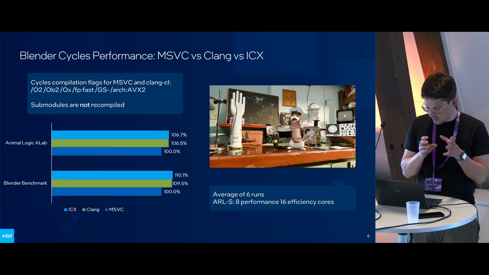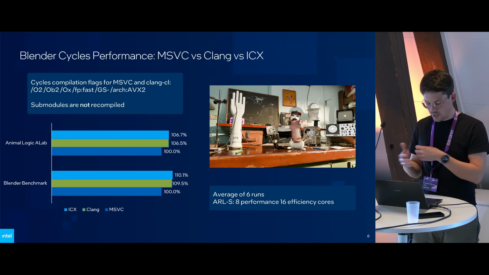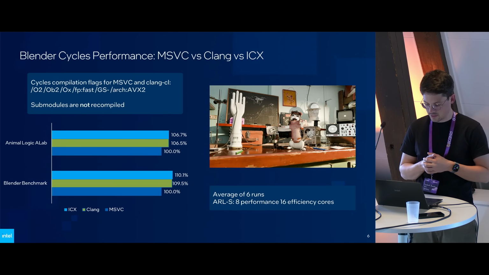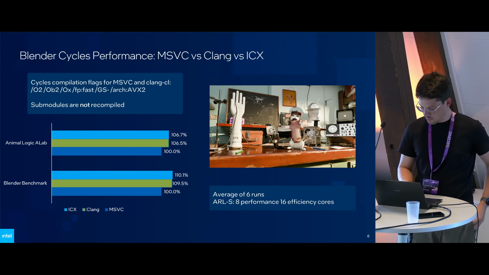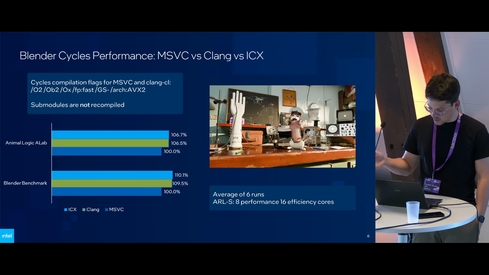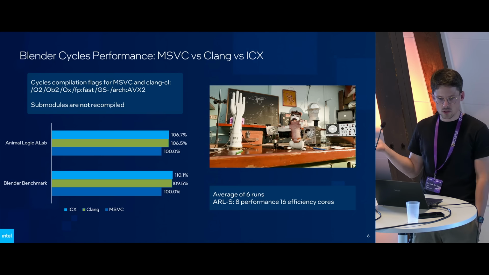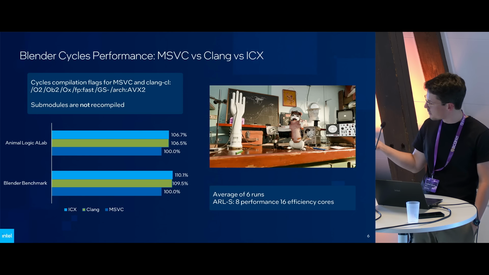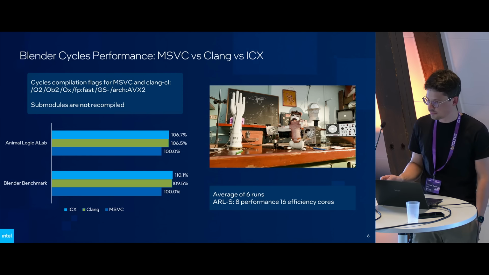So you can see that just by switching the compiler without any further effort, Clang gives you 6.5% better performance for a movie scene and 9.5% better performance for the benchmark, which is quite nice. ICX doesn't add that much on top, so our custom optimizations give you around 0.5% for the benchmark and 0.2% for the movie scene.